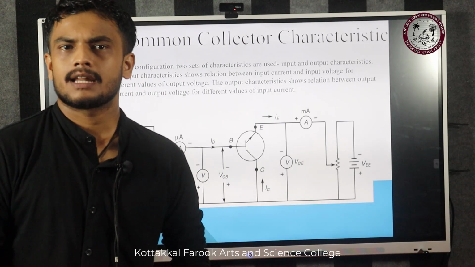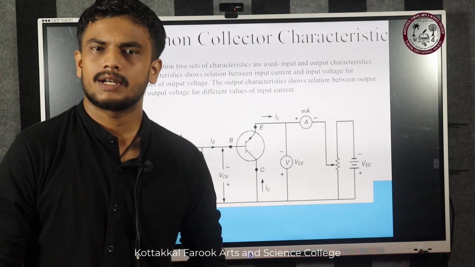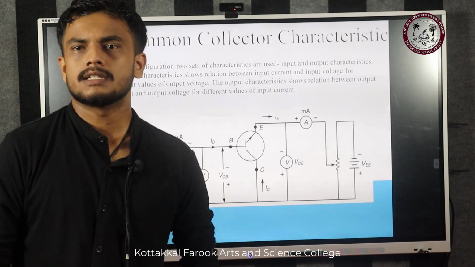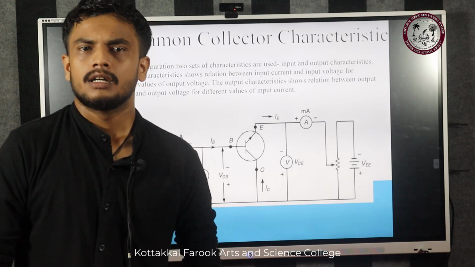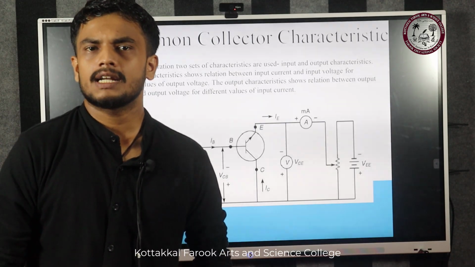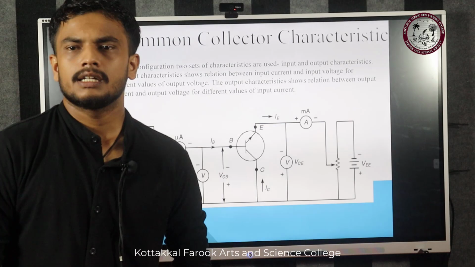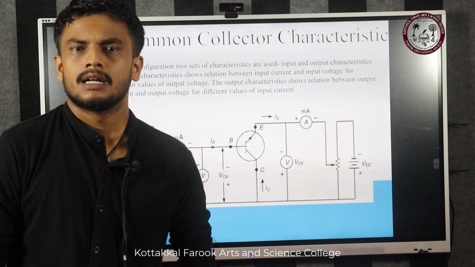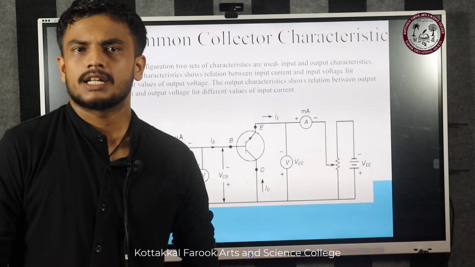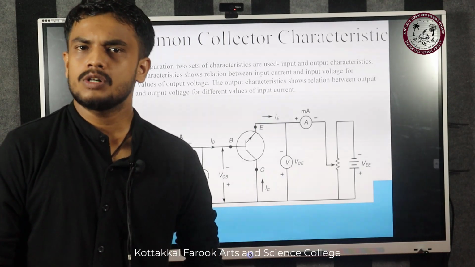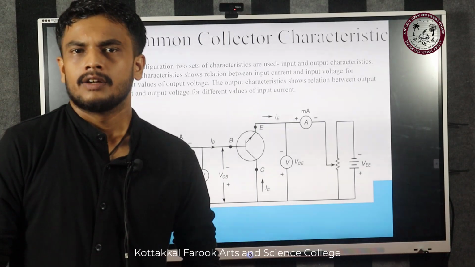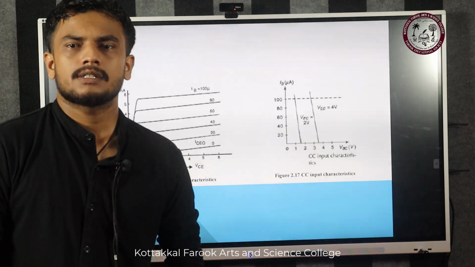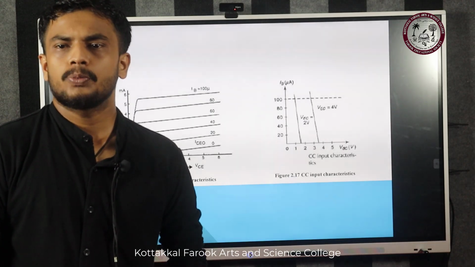There are two types of characteristics, input characteristics as well as output characteristics. In input characteristics of a common collector, we find the relation between input current and input voltage. Here the input current is IB and the voltage is the base collector voltage VBC, at a constant output voltage VEC. The figure says everything.